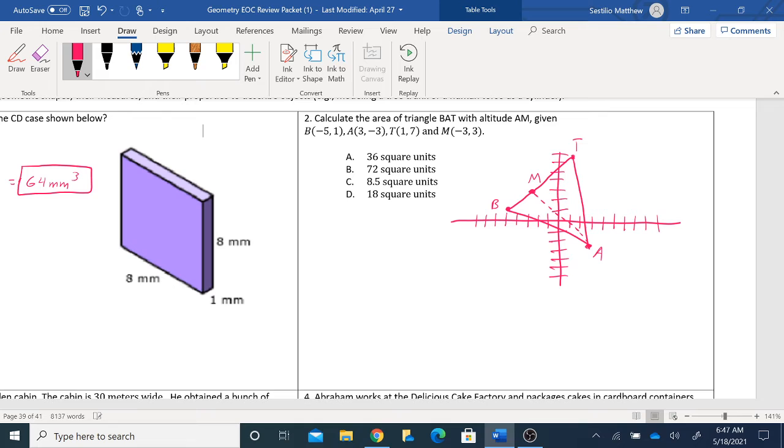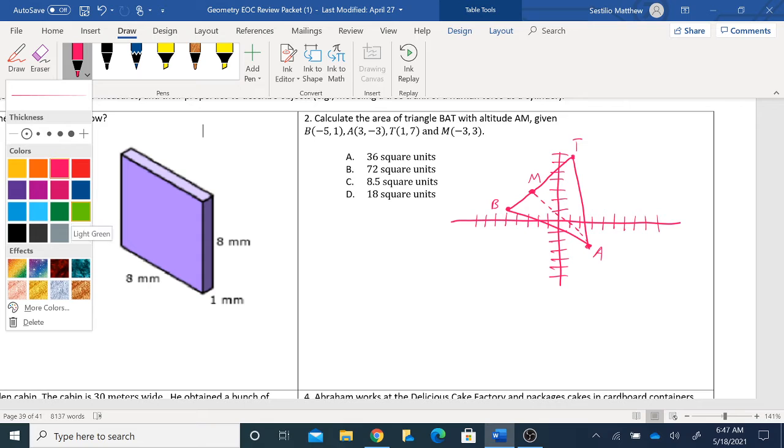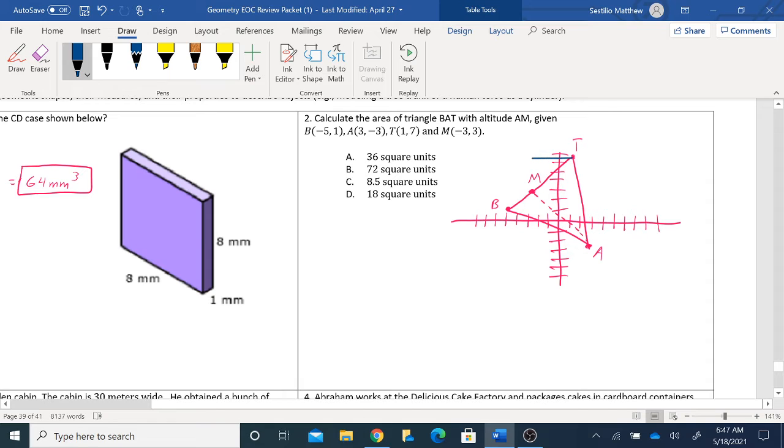So area, we have to calculate area, which means we need to know the height, which is the altitude A to M, and we need to know the base, which is B to T. B to T is easy, so basically we got to find the distance of these. And how you can do that is we make a right triangle. This is how we solve for BT, using the Pythagorean theorem, so we can figure out the legs here.